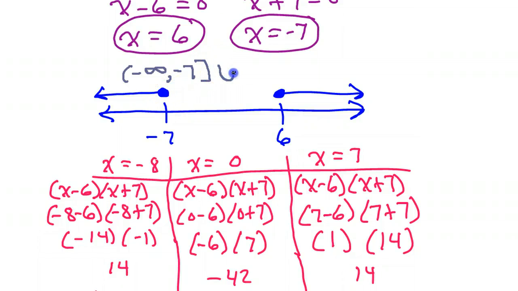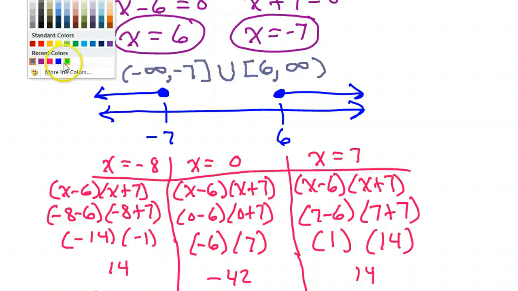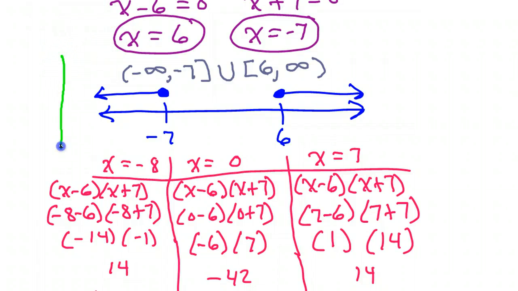And then we'll say union, which we'll do anytime we have the two parts like this. And then this branch goes from 6 to infinity. Alright, and that is it. Okay, so this right here is the solution.